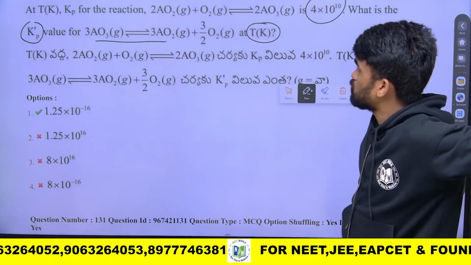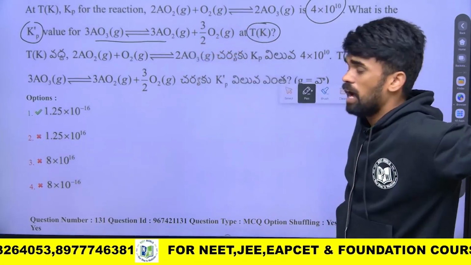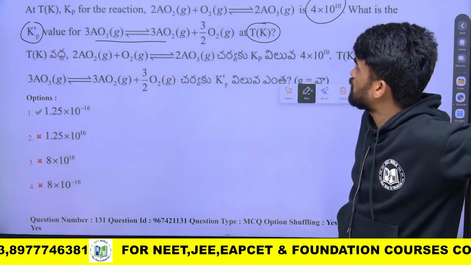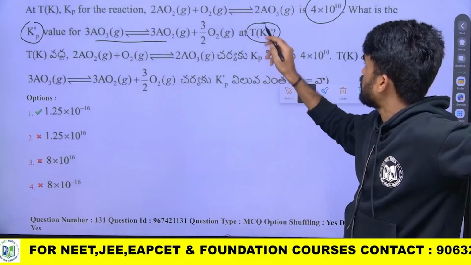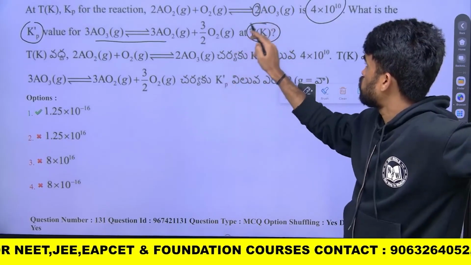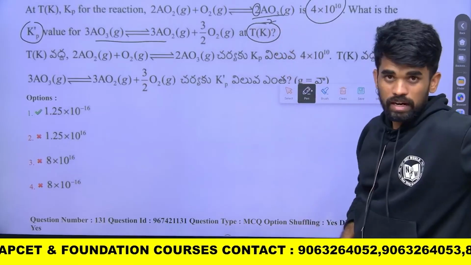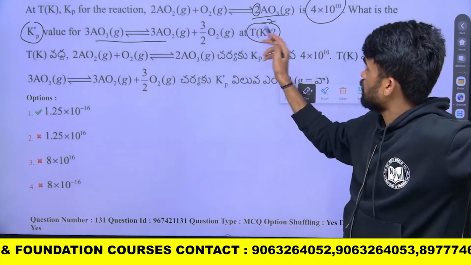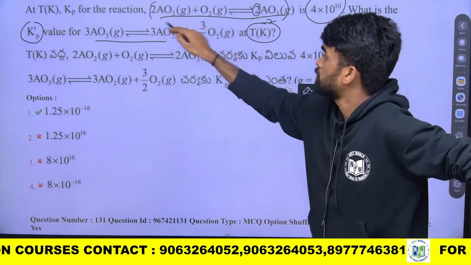See, it seems the reaction is reversed, multiplied by 3 and divided by 2. That's why here 2 is there now. So in order to remove this 2, the complete equation is divided by 2, and the complete equation is multiplied by 3.